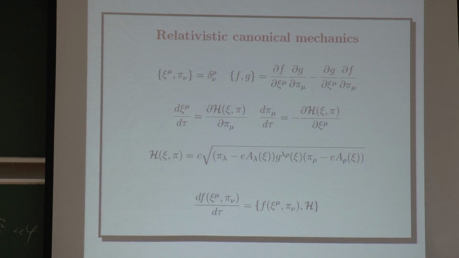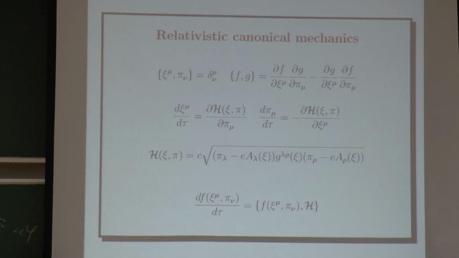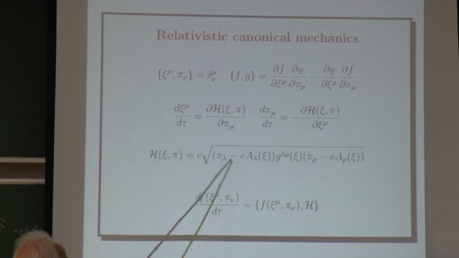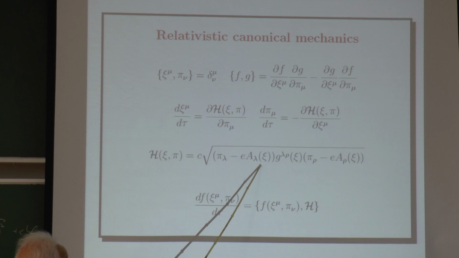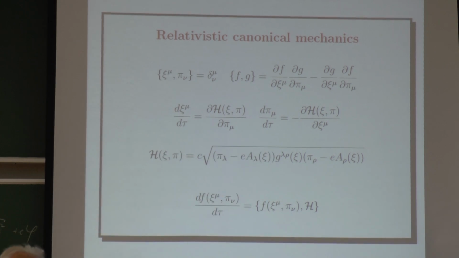So what happens next? We have to write down these equations in an explicit form, which we do just by differentiating. Notice what happens when I differentiate with respect to pi. Then I get, of course, pi minus a lambda in the numerator, and h drops down to the denominator.